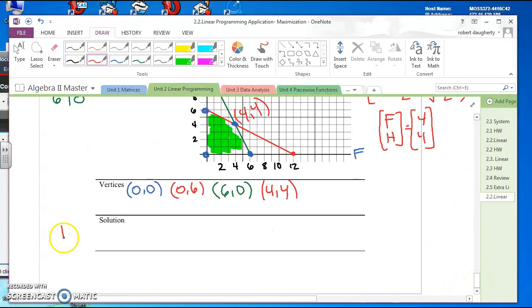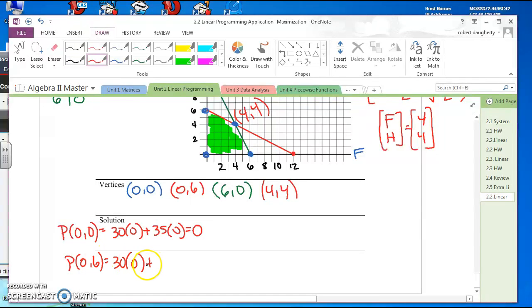So the profit at 0, 0 is going to be 30 times 0 plus 35 times 0. That one's 0, we got that one. The profit at 0, 6 is going to be 30 times 0 plus 35 times 6, and that is 210.